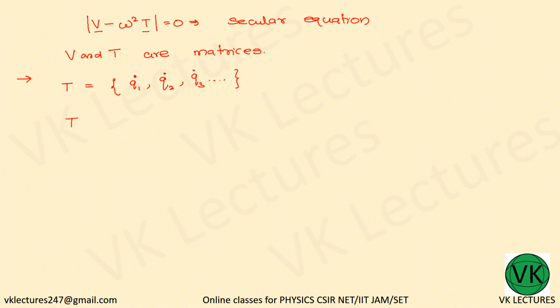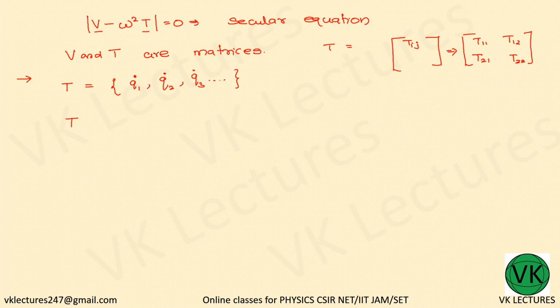For example, T is equal to Tij, so Tij means T11, T12, T21, T22, etc. So this is a 2 by 2 matrix.